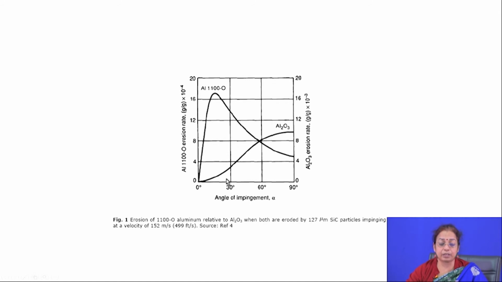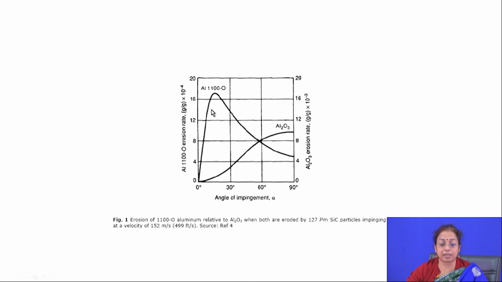We find that for solid bulk metallic material, the maximum erosion occurs at an angle of impingement of 15 degree or so. On the other hand, in case of ceramic material, maximum erosion occurs at an angle of impingement of 90 degree. This is because in different materials the erosion mechanism is different. In case of metallic material, the erosion mechanism is mainly a cutting mechanism.